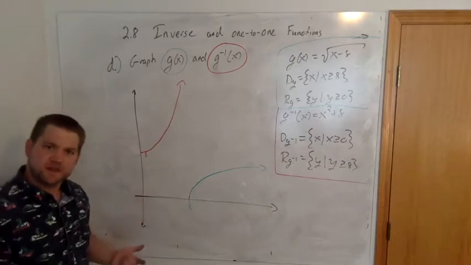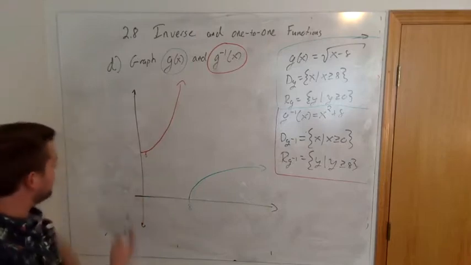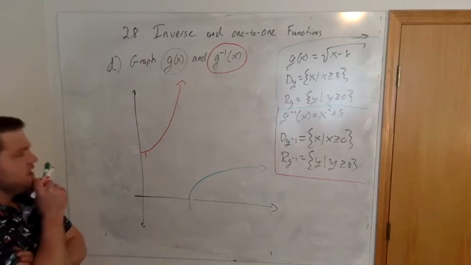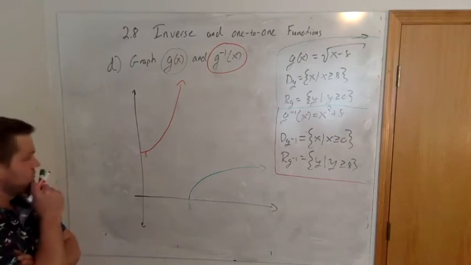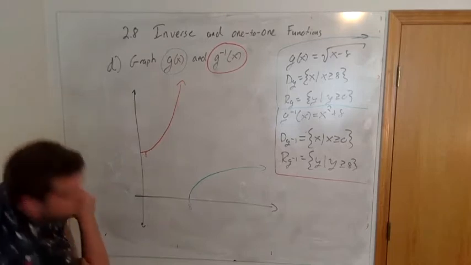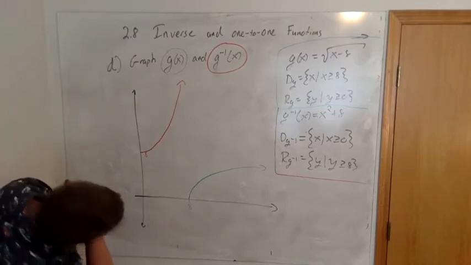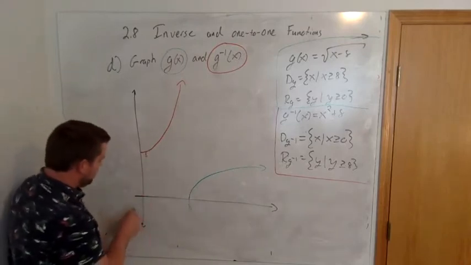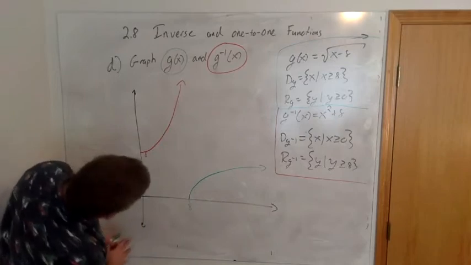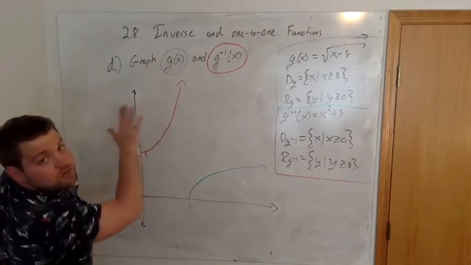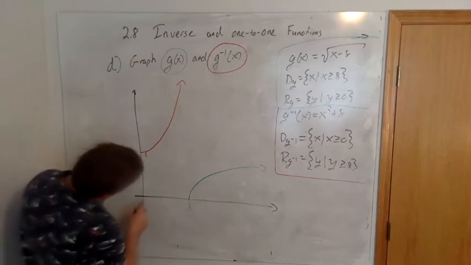Do you notice anything interesting about these two graphs? Do you notice any symmetric patterns? Maybe try turning your head sideways like this. Notice that if I were to tilt my head sideways, these are reflections of one another.